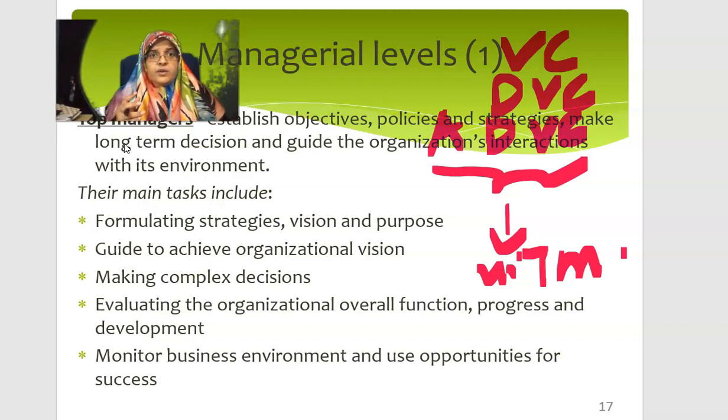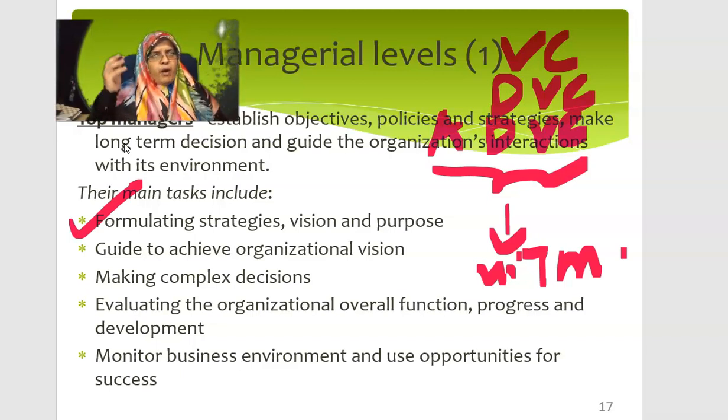So what are the things that they need to deal with? They need to establish objectives for SOP nak datang ni. Ini semua tugas-tugas mereka lah. Objectives, policies and strategies make long term and guide the organization's interaction with the environment. So yes, these are their tasks. Okay, so bila you kerja nanti pun your bos yang paling atas sekali ialah top management.